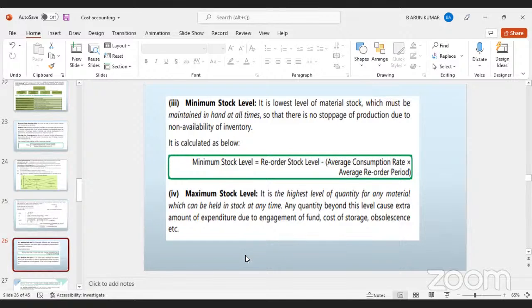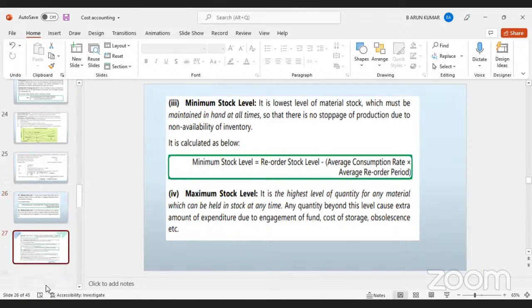So we manage the maximum level of stock only. Every month we require a thousand materials. Beyond that, if we purchase extra materials, we incur extra expenditure.